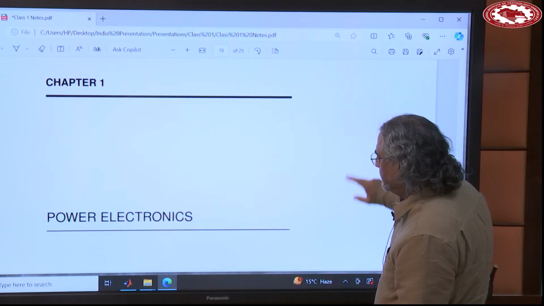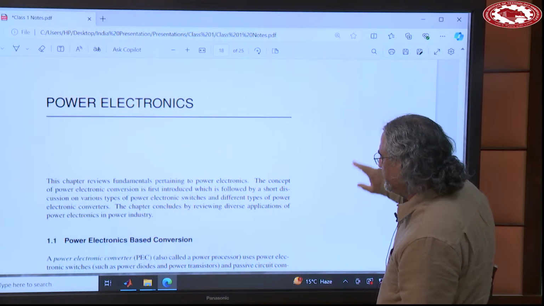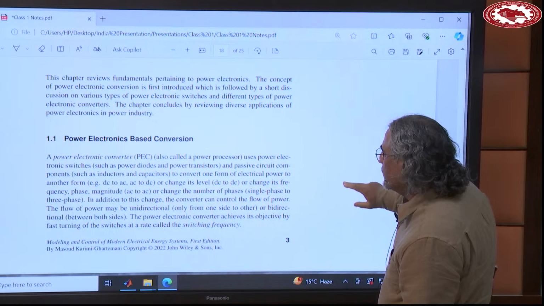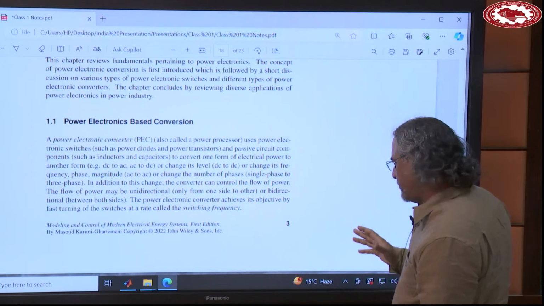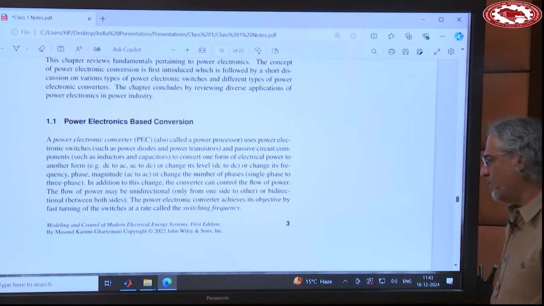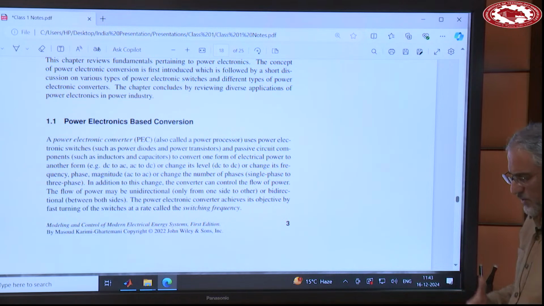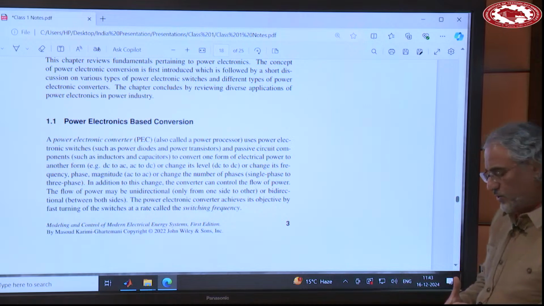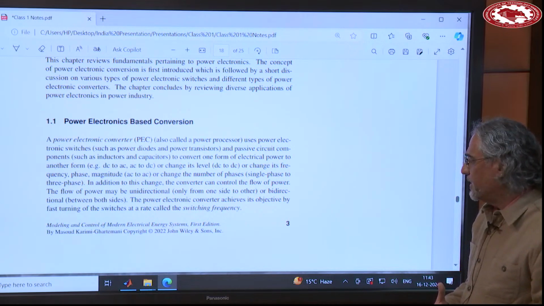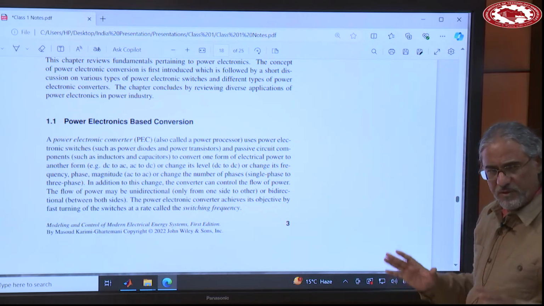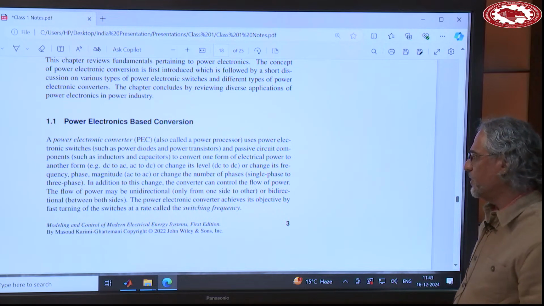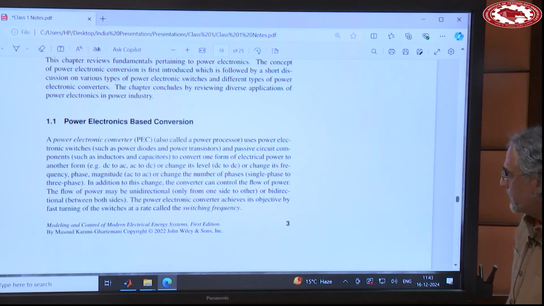Okay, power electronics. This chapter is going to give you an introduction of what power electronics is, what a power electronic converter is, what it does, how it does its job, and what the applications are, in a very brief way without going into too much detail.